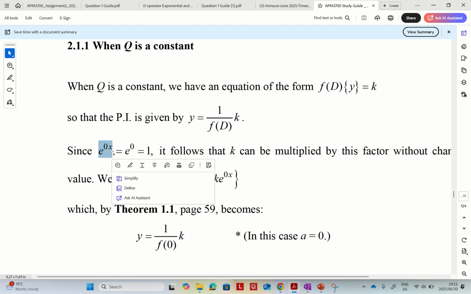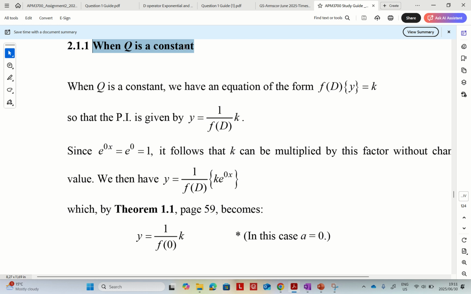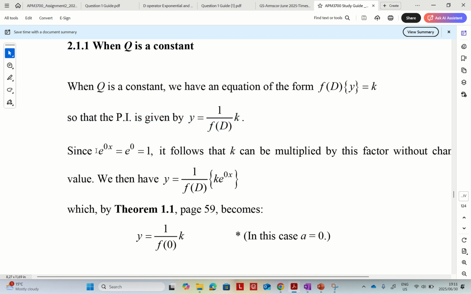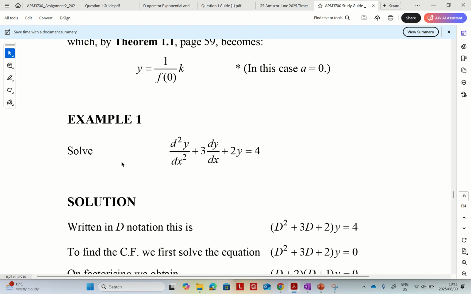It was because of the theorem. You see, they say when q is a constant, to find your YPI, I just summarized this whole thing. You need to say e to the power 0x, which represents e to the power 0, which represents 1, meaning it doesn't have any impact on your equation.